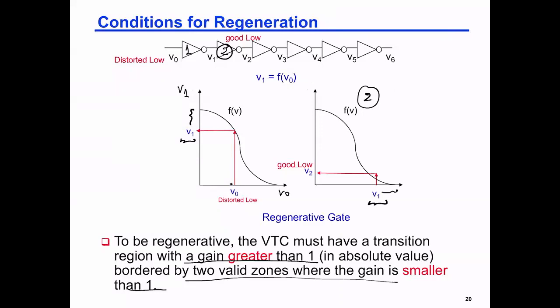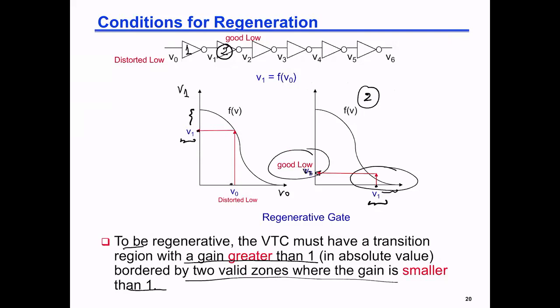You're not supposed to understand how to follow the curves, but what I'm trying to tell you is that because of this steep slope here, or because of the high gain region, the bad V0 gave me a decent V1, and then the decent V1, because it happened to fall in this low gain region, translated now to a good low.